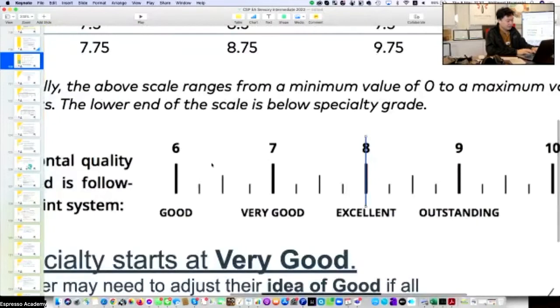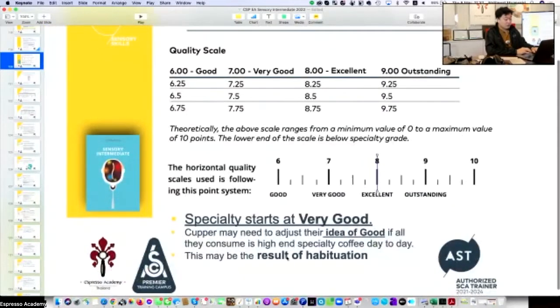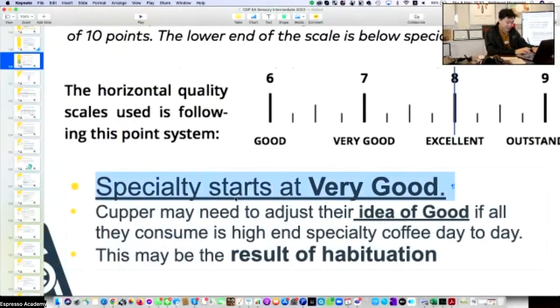So, specialty. The keyword specialty starts at very good. What does it mean? Well, the cupping form definitely starts from 6. Why does it start from 6? Good coffee starts from 6. But if all your coffees on the table get 6 on everything, you're not going to get an 80 plus. You only get like 72 or 75.